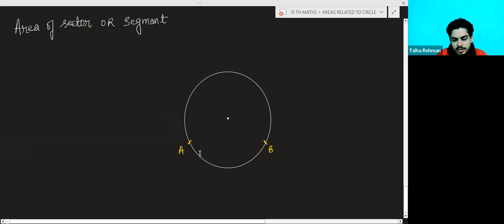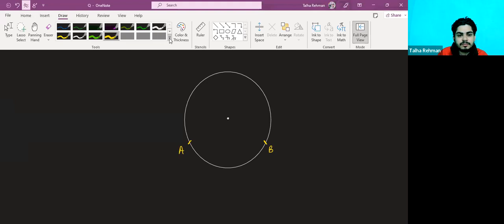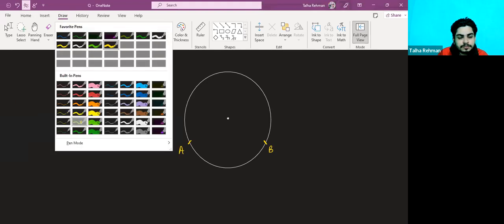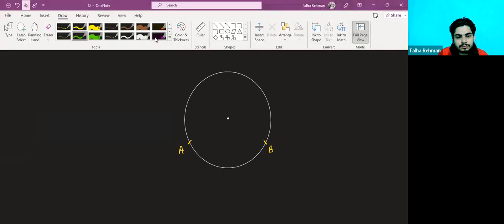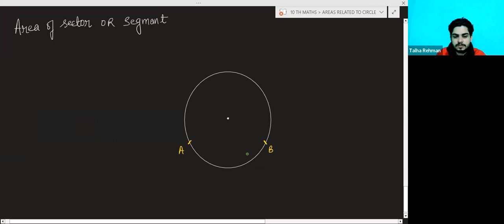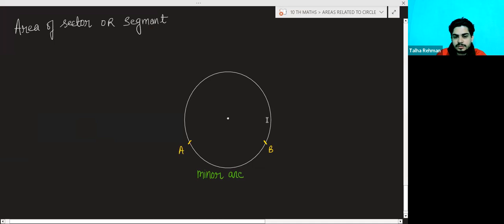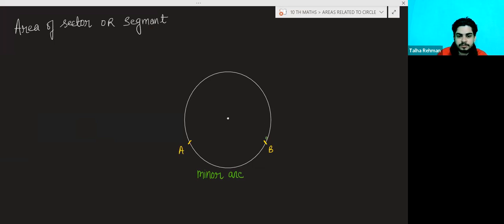This is the shorter arc, so this is known as the minor arc. And this one is known as the major arc.